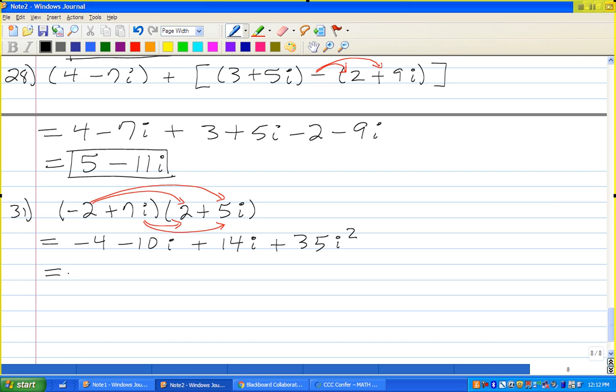And so I get a negative 4 minus 10i plus 14i plus 35i squared. I'll use the fact that i squared is equal to a negative 1.